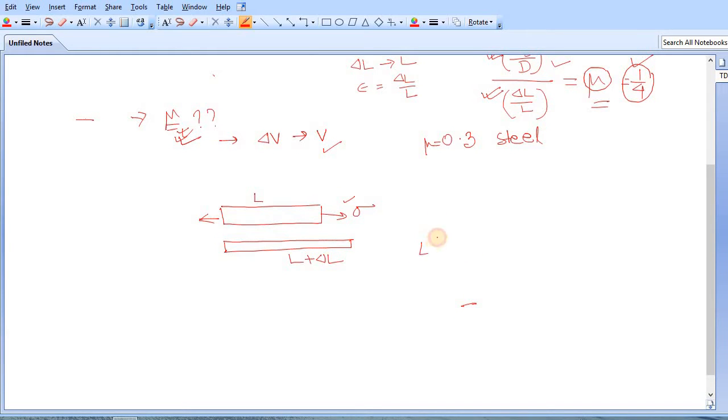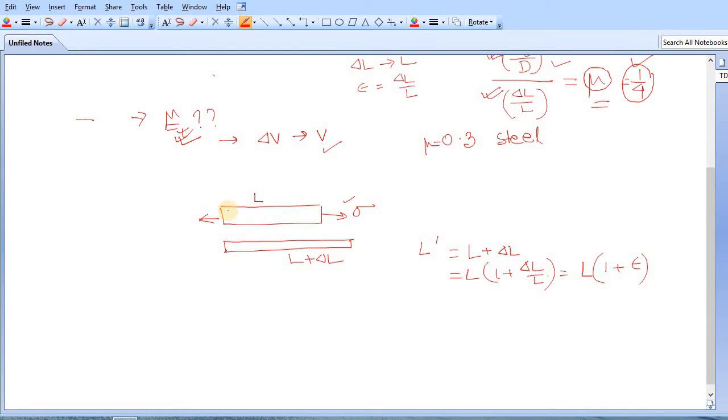The new length L dash is L plus delta L, or L into 1 plus delta L by L. And you know that delta L by L is nothing but the strain, so L into 1 plus strain epsilon.